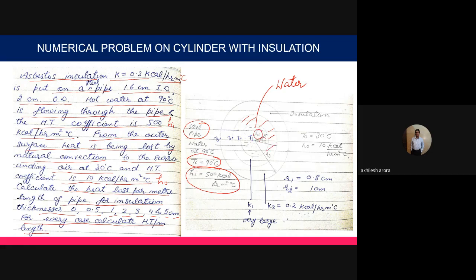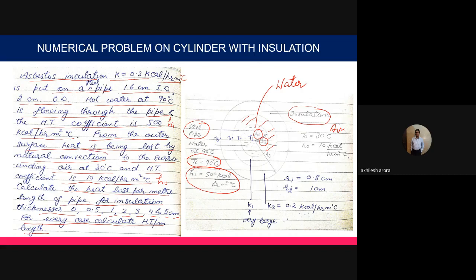The outside radius of the steel pipe is R2, and then after that we have this insulation which has been put on this steel pipe, and outside we have air surrounding it.